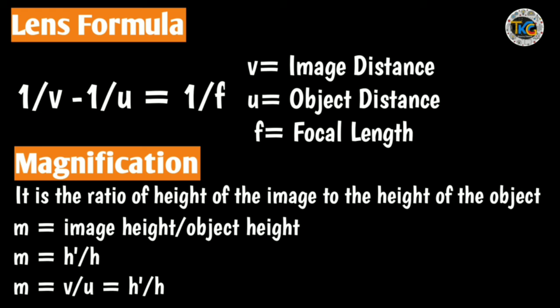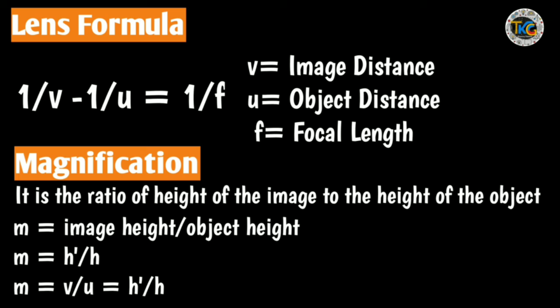The relation is 1 by image distance minus 1 by object distance equals 1 by focal length. So if we represent image distance by V, object distance by U and focal length by F, then the formula will be 1 by V minus 1 by U equals 1 by F.